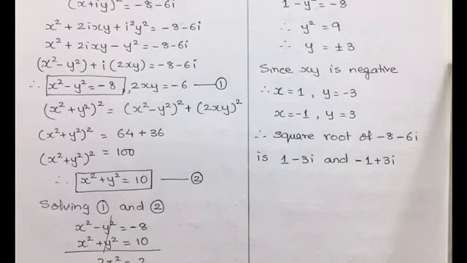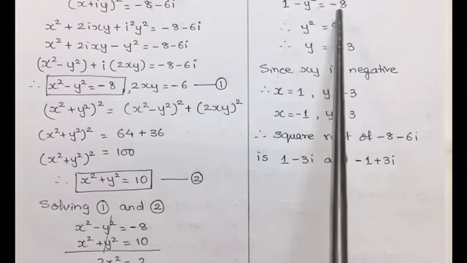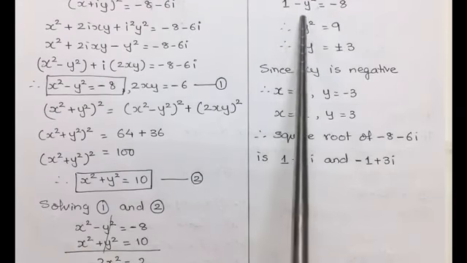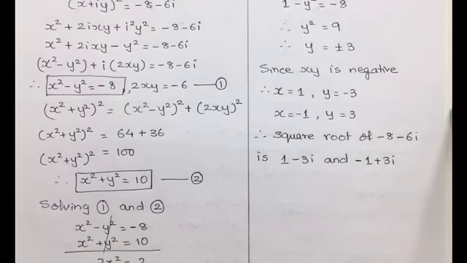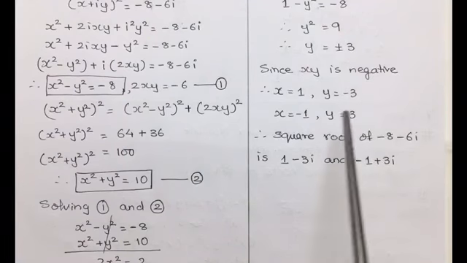So y square will be equal to 9 by shifting minus 8 to the other side, minus y square to the other side. The value of y we got as plus or minus 3.